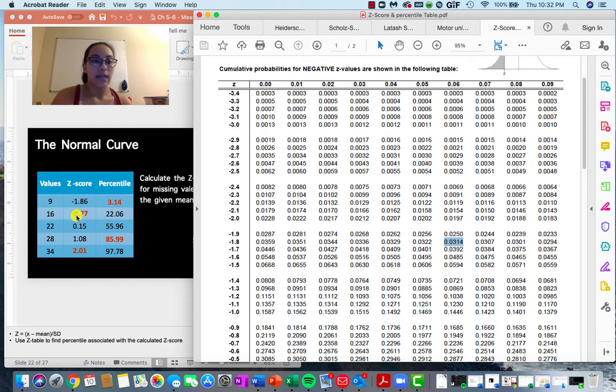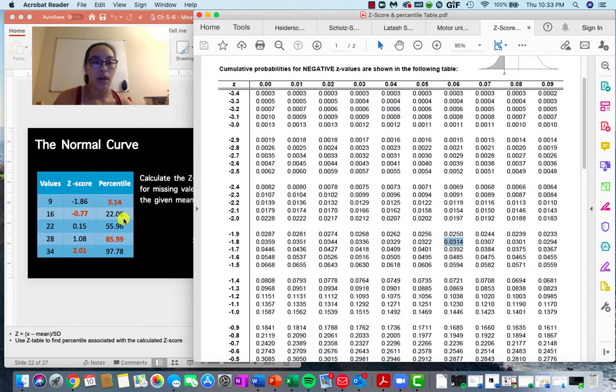In this next one, we have a value of 16. I gave you guys the percentile, which is 22.06. Just knowing that our percentile is between 0 and 50, we know we're going to have a negative z-score, a negative standard deviation.